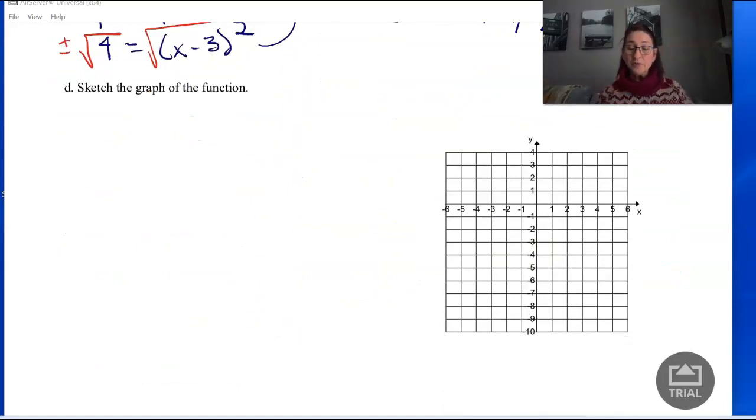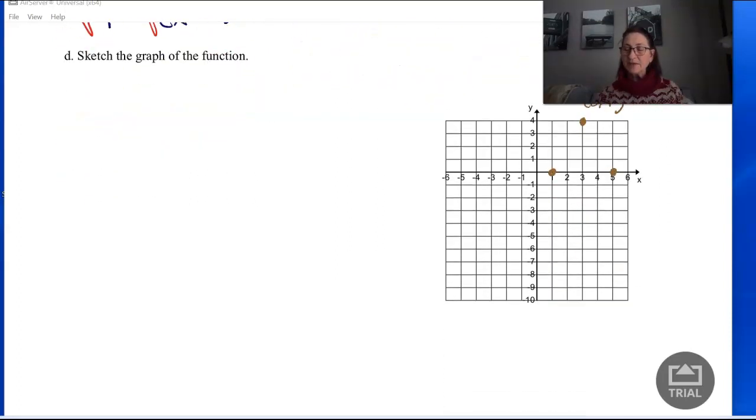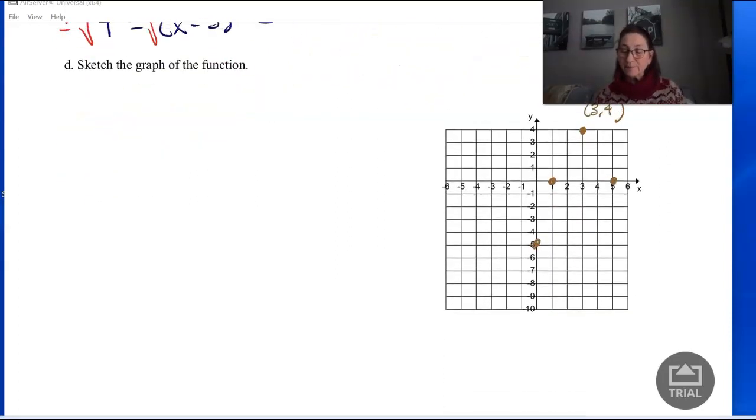So I'm going to graph it. First start with my vertex, 3, 4. Okay, I know this is going to open down. My intercepts are 1, 0, and 5, 0. And my y-intercept I just found to be 0, -5.